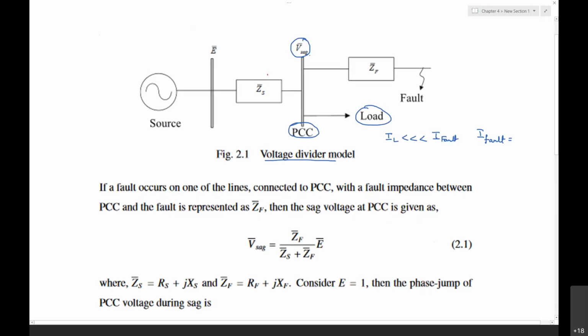In order to find the sag voltage, firstly we try to derive the fault current. I_F is equal to E, where E is a reference voltage. That means E is at zero angle.